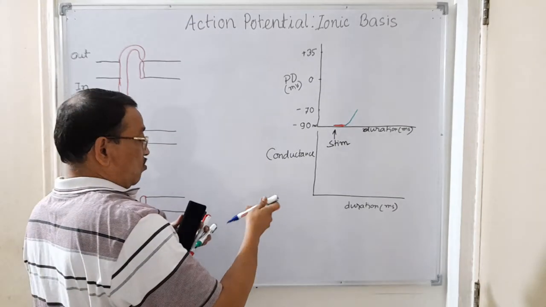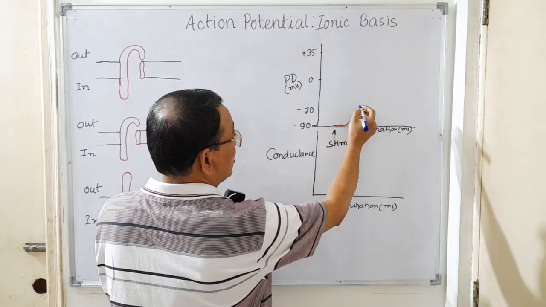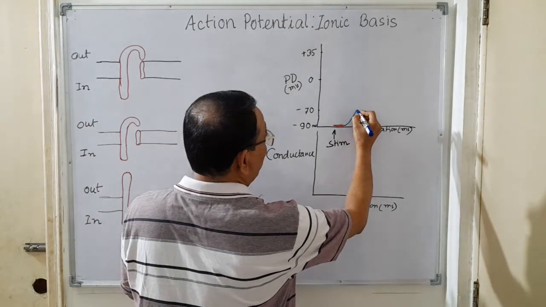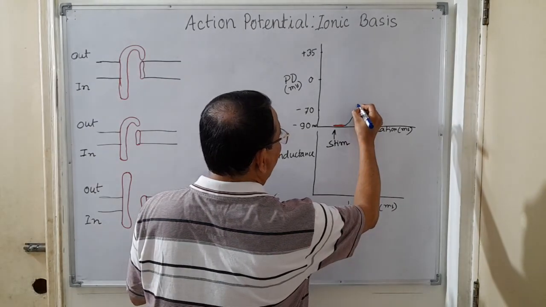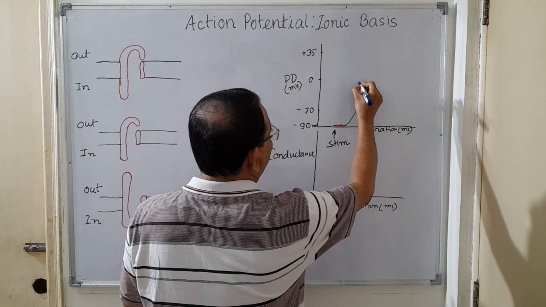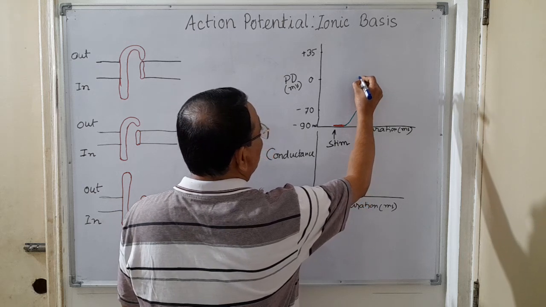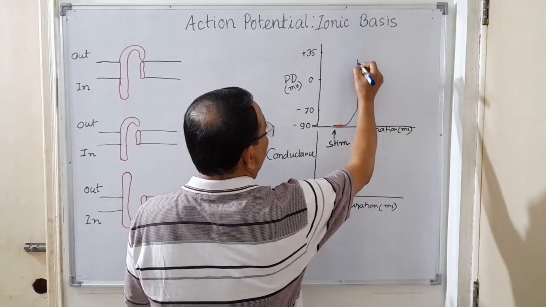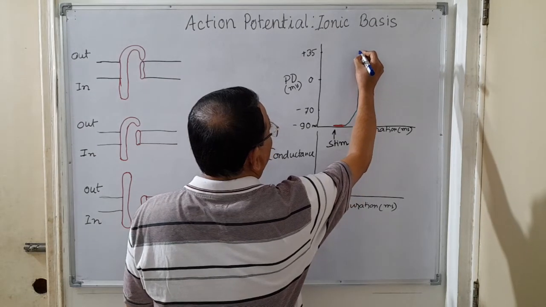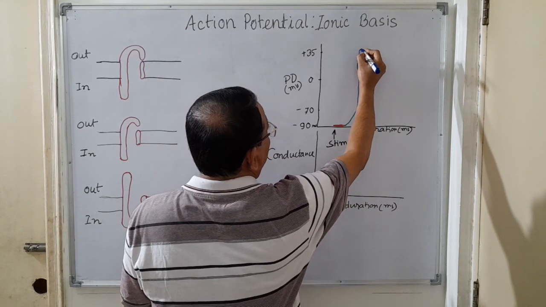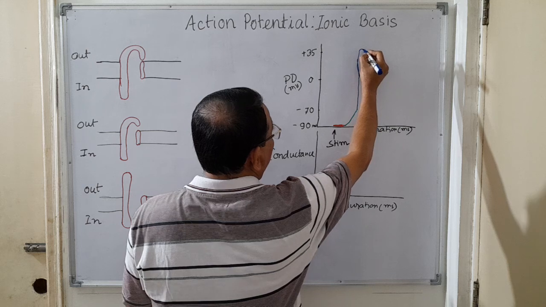Once the firing level, that is minus 65 to 70 millivolt, is obtained, there is a very sharp fall of the inside electronegativity, it reaches 0, overshoots 0, and finally reaches plus 35 millivolt.